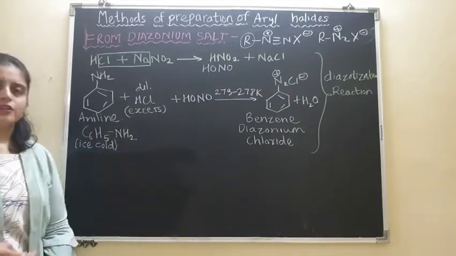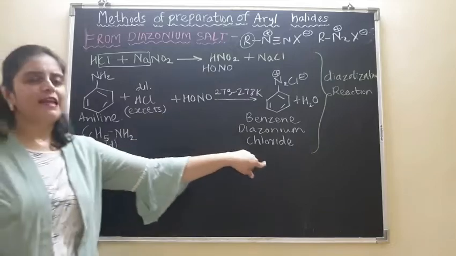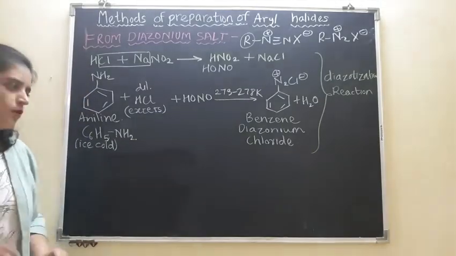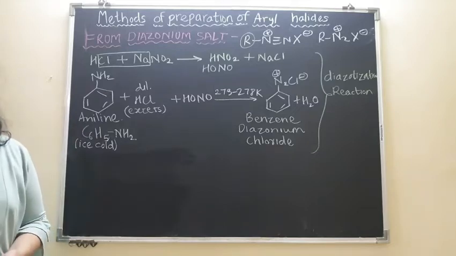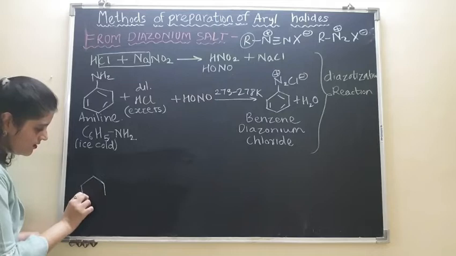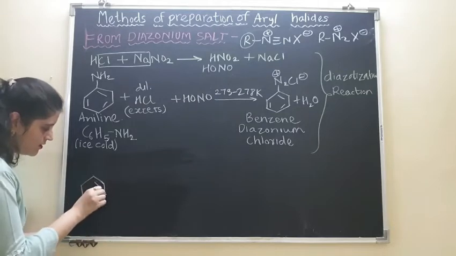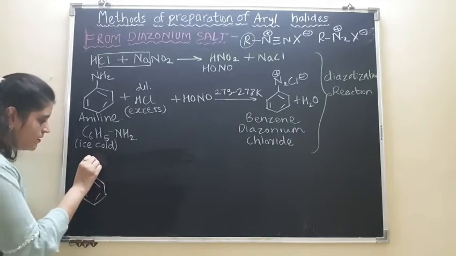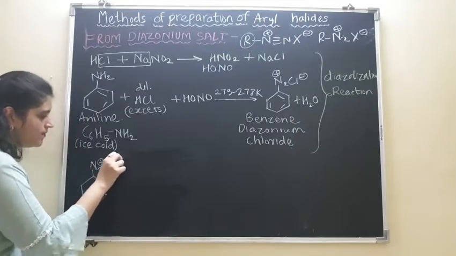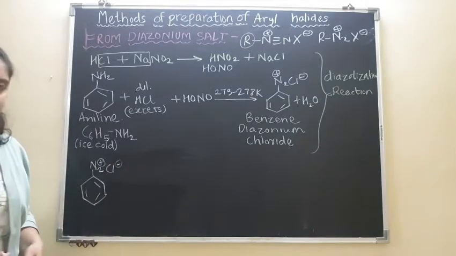For this reaction we require freshly prepared benzene diazonium chloride. So let us begin with our benzene diazonium chloride, C6H5N2+ Cl-.